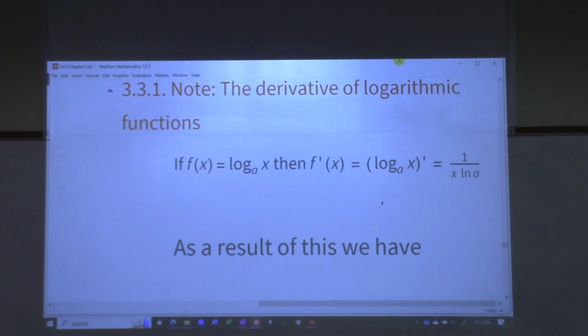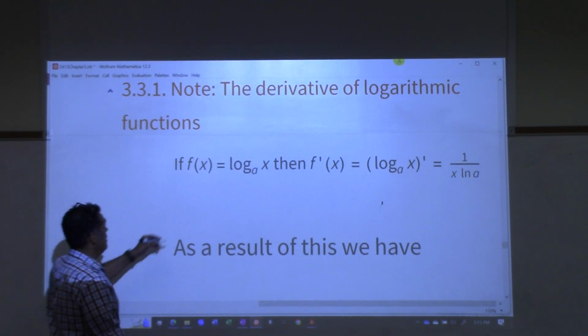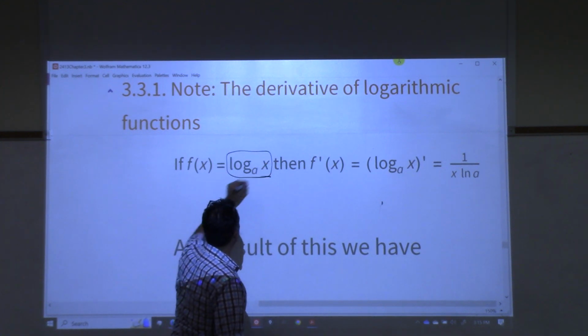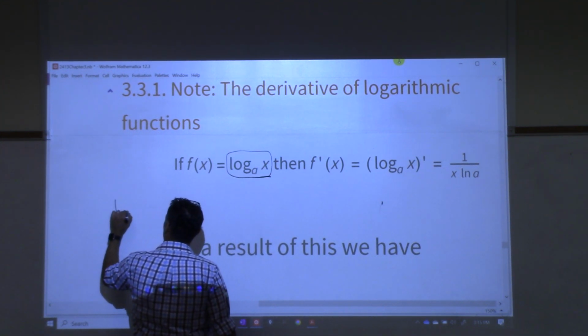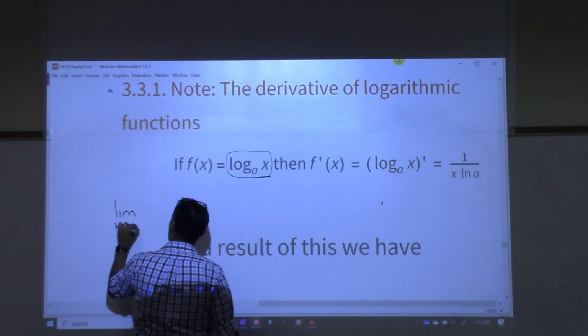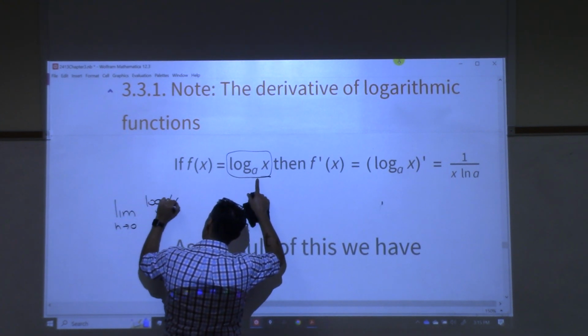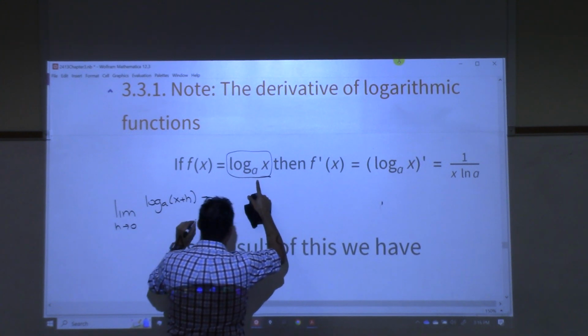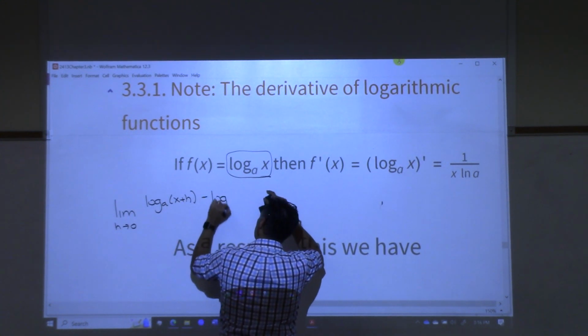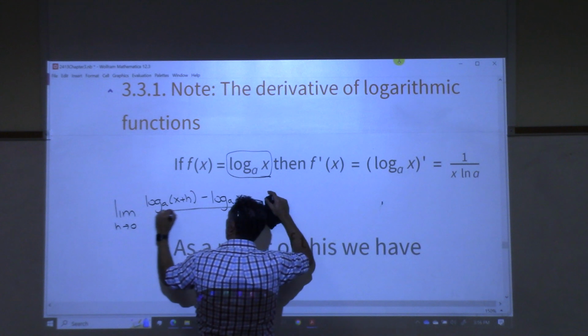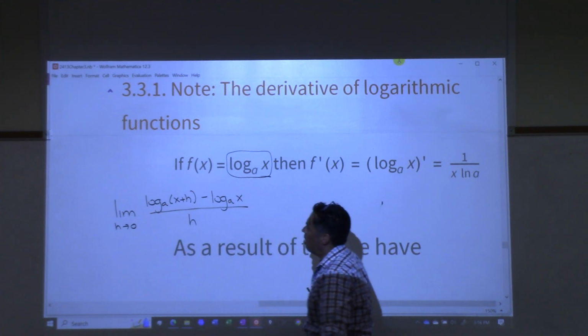In other words, if I wanted to figure out the derivative of this using the limit definition, I'd have to do this good old-fashioned limit. h goes to 0, f of x plus h, so I'd have to figure out what's log base a of x plus h, and then minus f of x, which would be log base a of x, and then all over h, and then I'd have to figure out what that is.